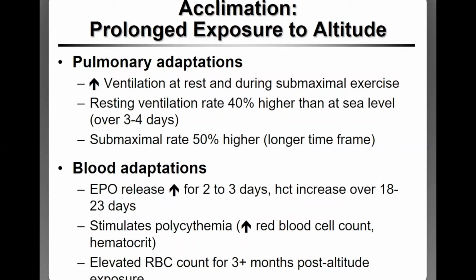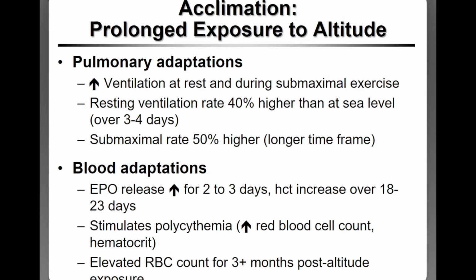Your erythropoietin levels will also increase as a result of the hypoxic conditions. So the erythropoietin release from the kidney will increase red blood cell production over the next few days, but it takes about 18 to 23 days to see measurable changes in hematocrit.